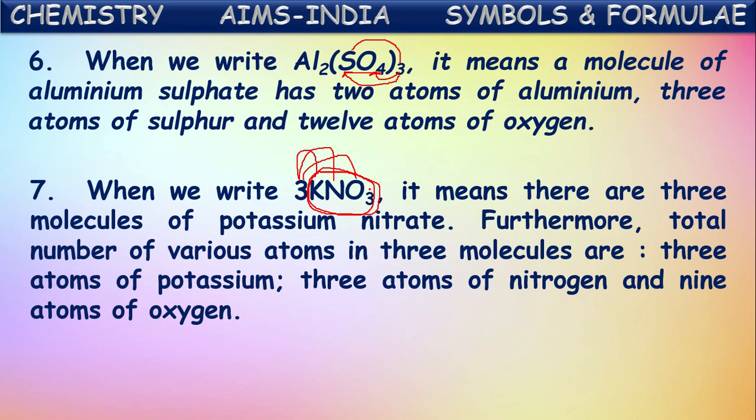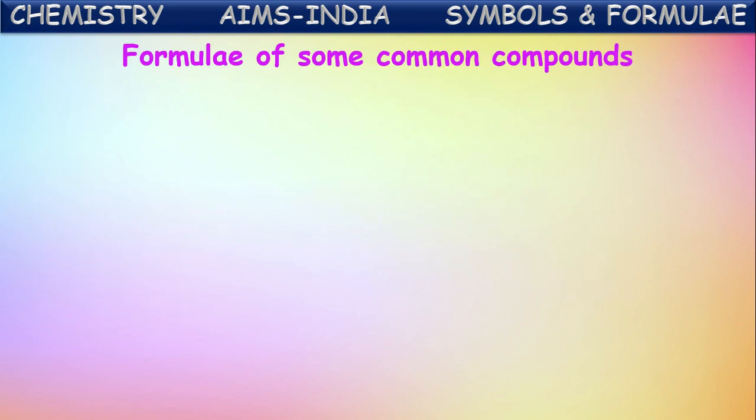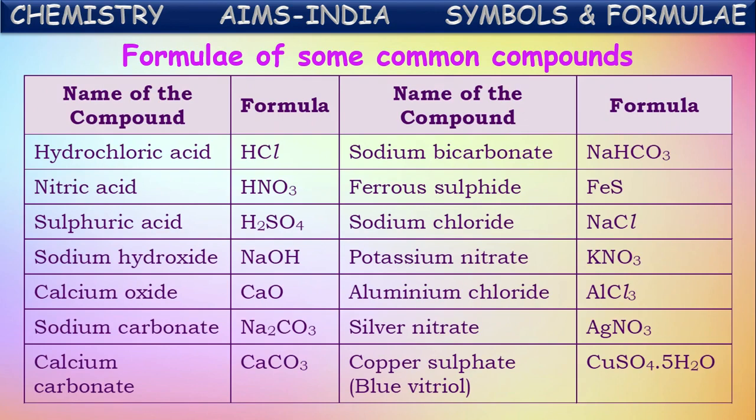Got it? Now let us see the formulae of some common compounds which we use in general life and general science studies. Hydrochloric acid, which is one of the familiar acids, has the formula HCl. Nitric acid is HNO3.